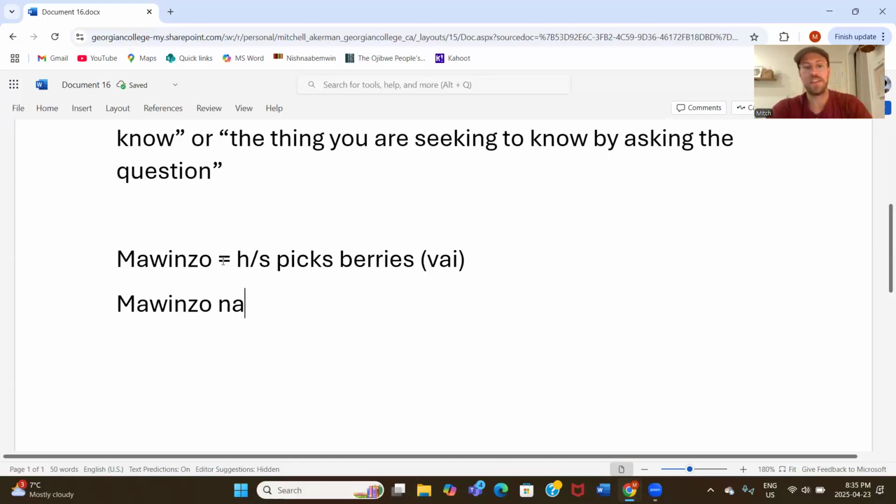I can then put a question mark and I've made a question. And what would that question be? Is she picking berries? So it takes whatever that first word is and makes a yes or no out of it. Muezo, he picks berries. Muezo na, is he picking berries? Kind of straightforward.